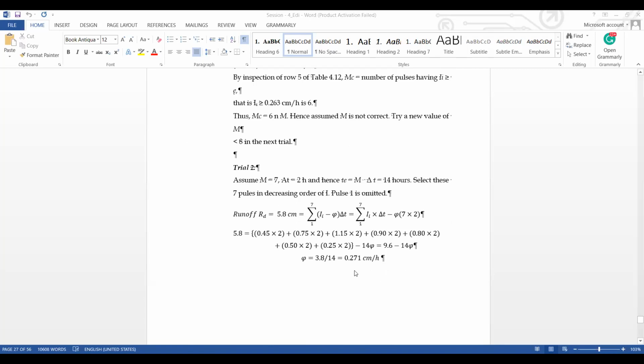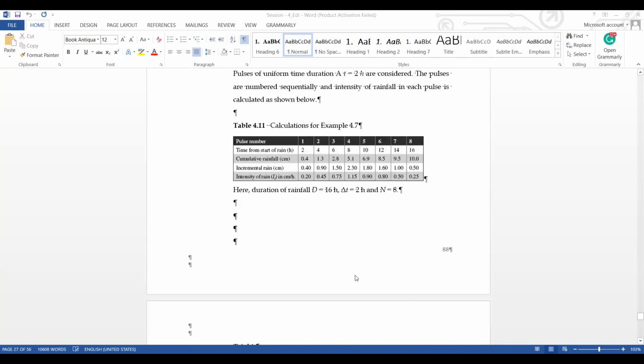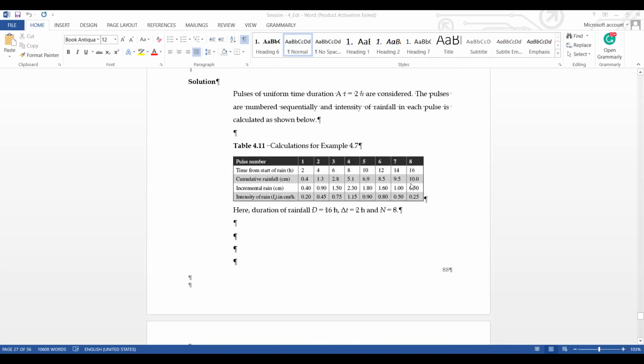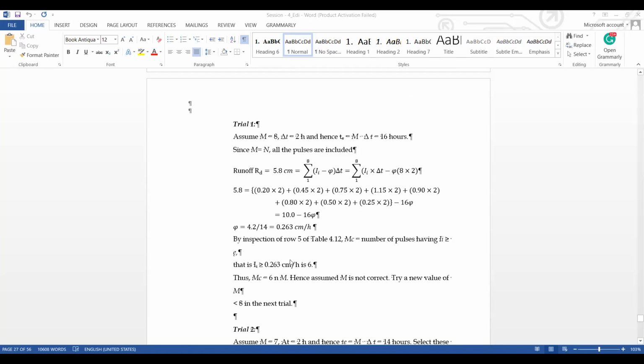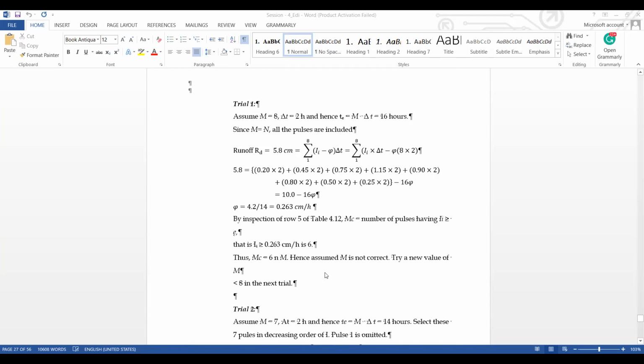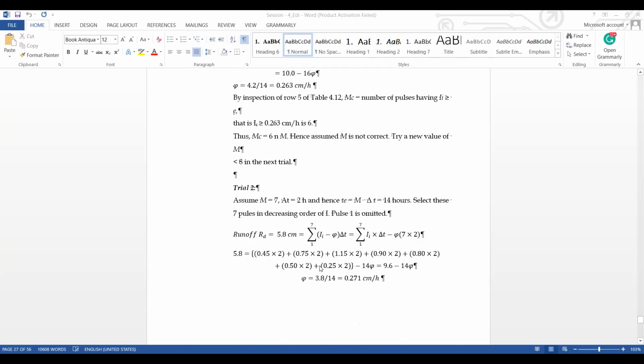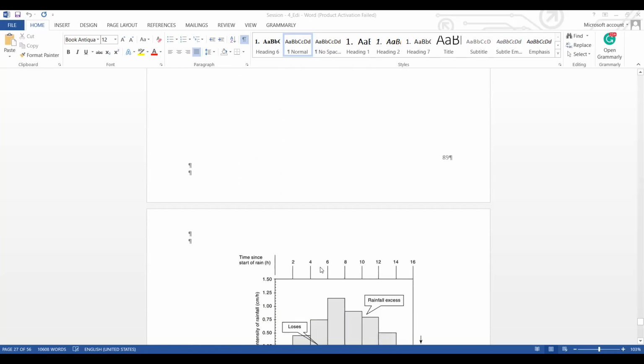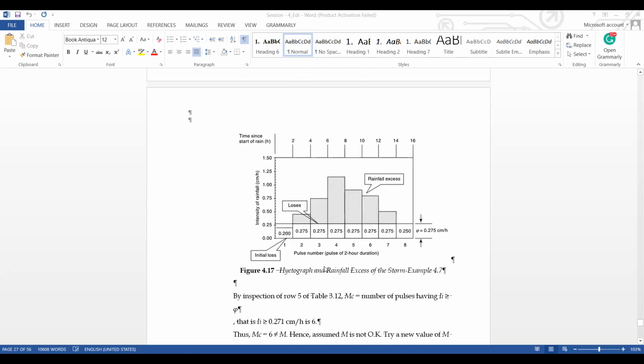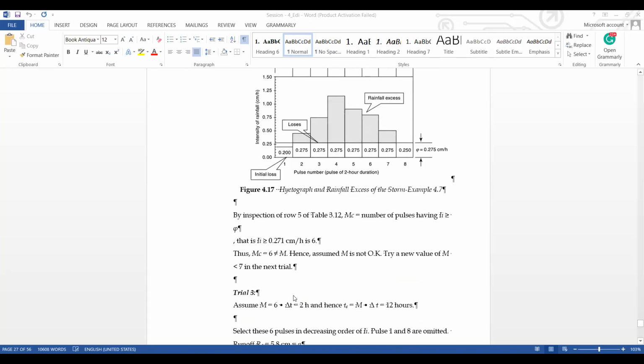You do the calculation and get phi as 0.271, and you can see the number of pulses is not the same. In trial 2, the number of pulses is not correct. It is 6. So trial 2 is also not working.